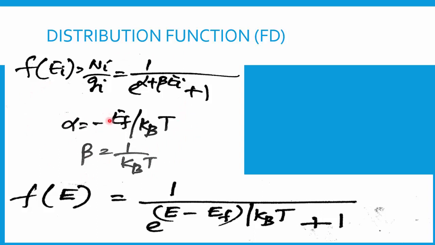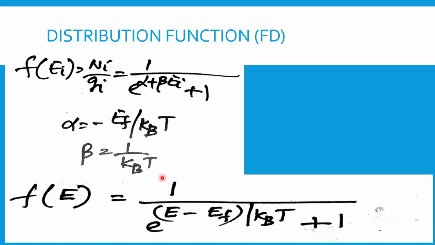Now if I substitute the value of alpha and beta here in this formula, the distribution function for FD statistics will look like this. So it is Fe, the distribution function, is equal to 1 by, if you substitute the value of alpha here, and beta is equal to 1 by kT, the formula looks like 1 by e to the power of E minus Ef divided by kT, and plus 1 is separated and not with the exponential sign.